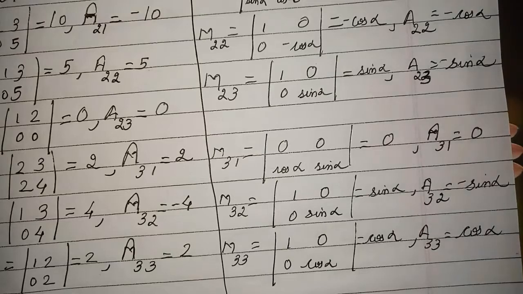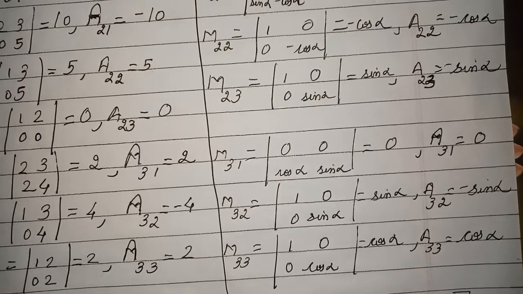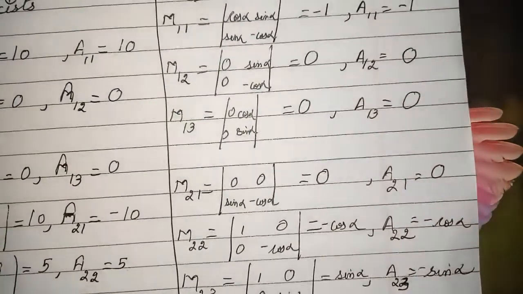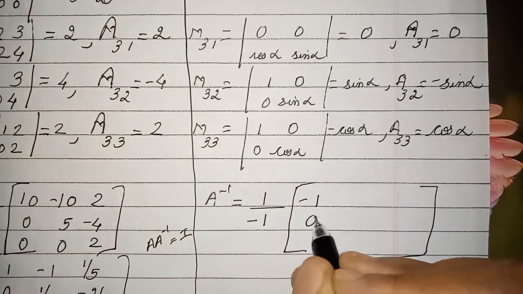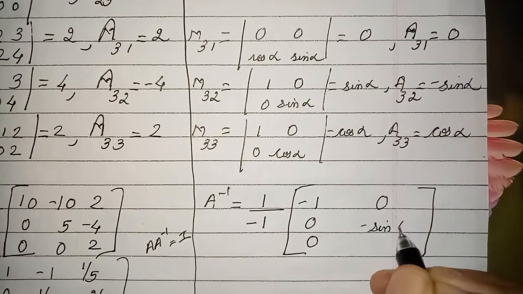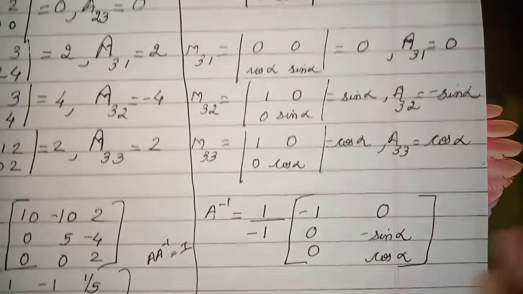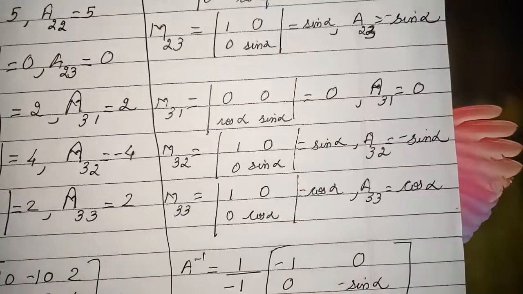Okay, now you have A inverse is equal to 1 upon adjoint of A into this. What is the first row? Minus 1, 0, 0. So you will write here minus 1, 0, 0. The third one is 0, minus sin alpha, cos alpha. What about here? 0, minus cos alpha, minus sin alpha.